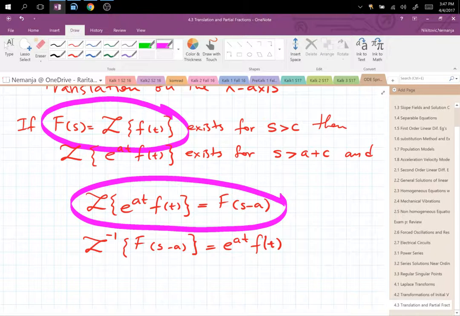So you have that as a shift. Now the bottom one obviously is the inverse Laplace transform, so just read it backwards. You apply inverse on both sides, it cancels on this side, it gives you that. So this is how we translate on the x-axis, meaning shift, move.